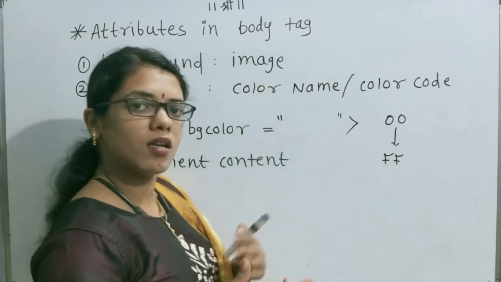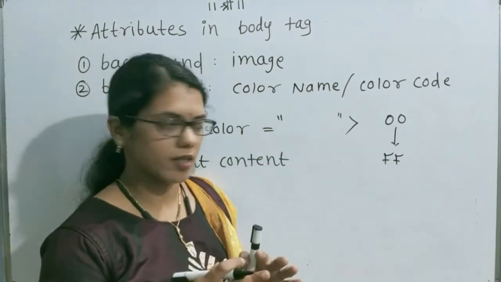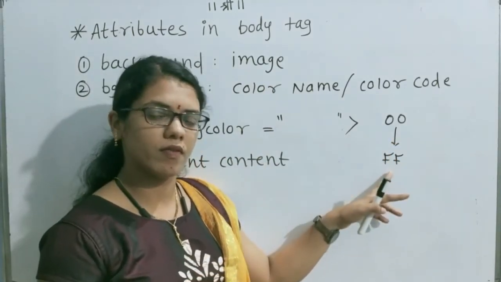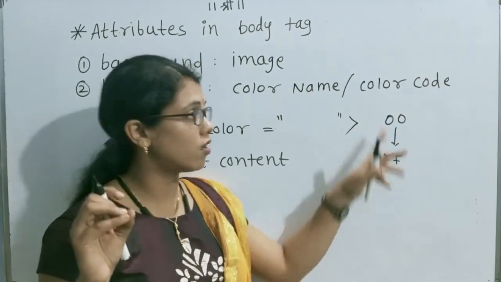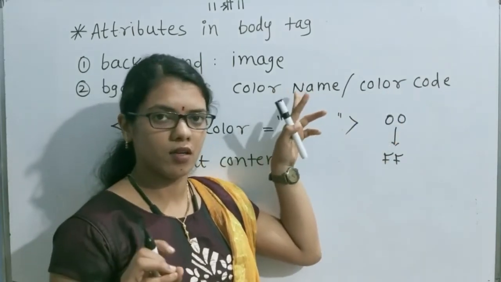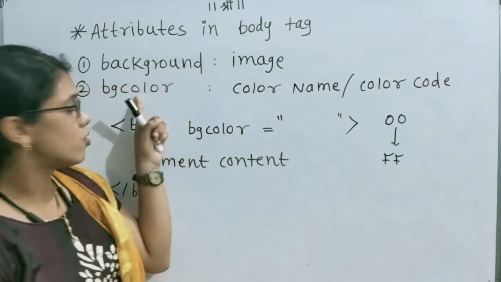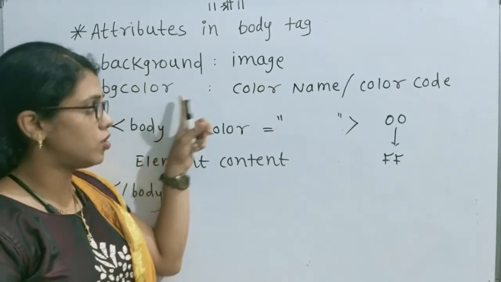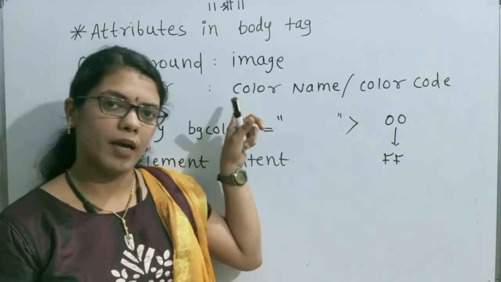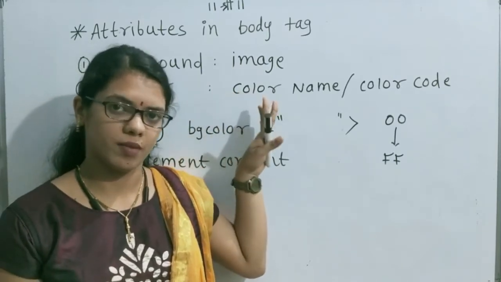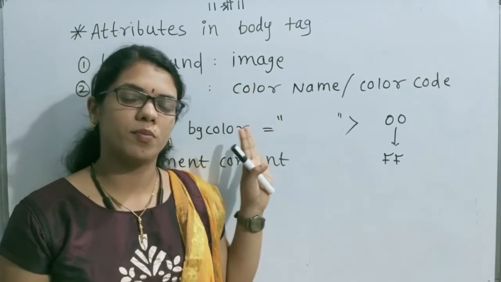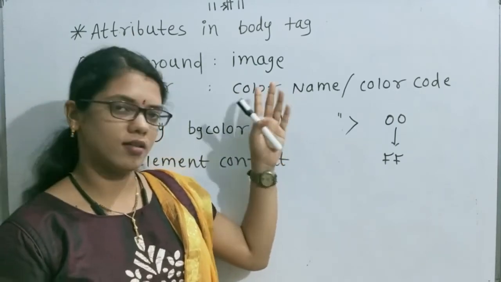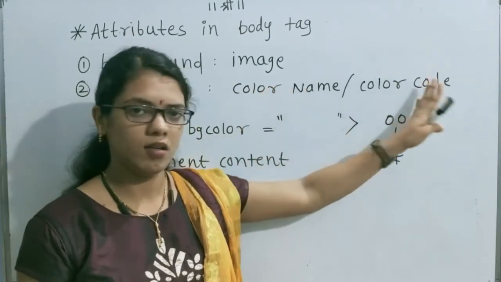By combining all available possibilities of 00 to FF, you get different color codes for different colors. So the second attribute of the body tag is BG color, which is used to apply background color to the website, and the value for the BG color attribute is either a color name or a color code.